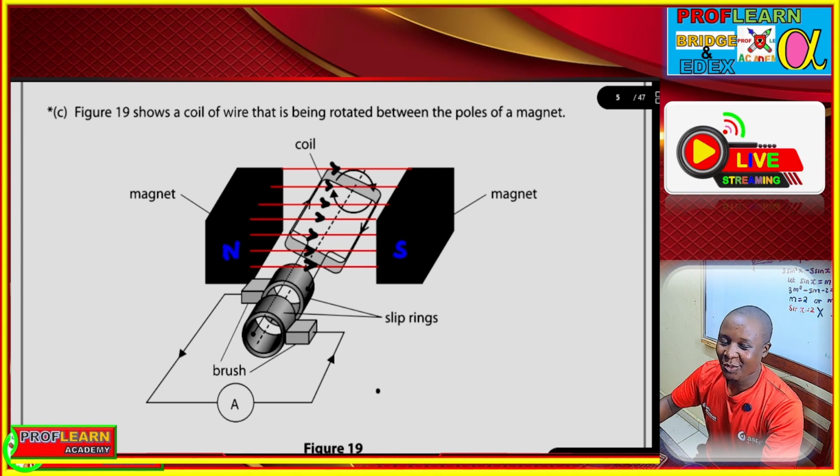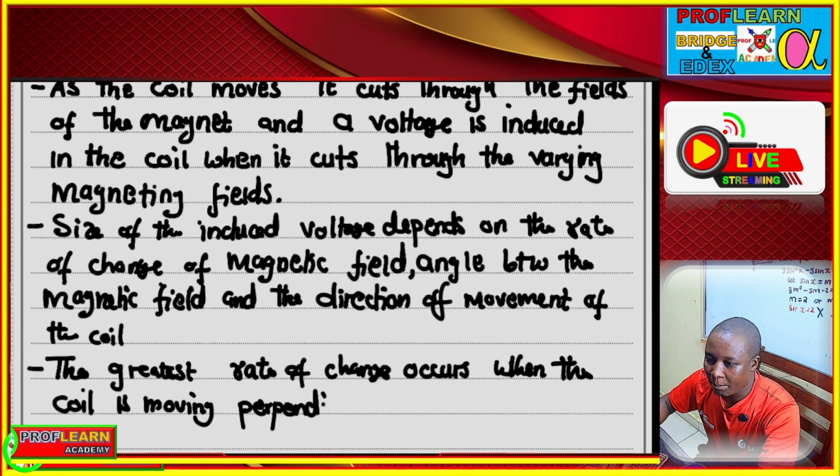All right, so what I'm saying is, when the coil is rotated within the magnetic field, that particular coil is going to cut the field. And when a coil cuts through the fields, what we're going to have is an induced EMF in the coil, which is going to result in the flow of current. So I'm going to write how you are supposed to structure your answer in this case.